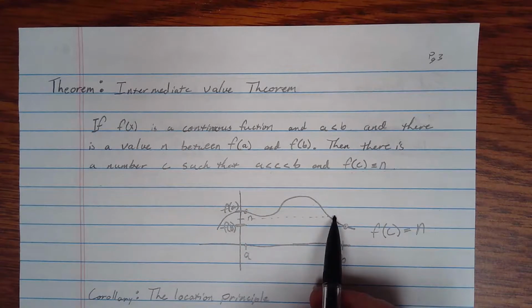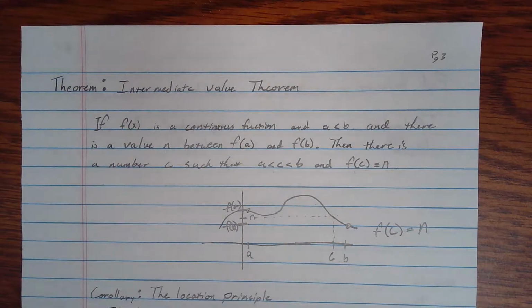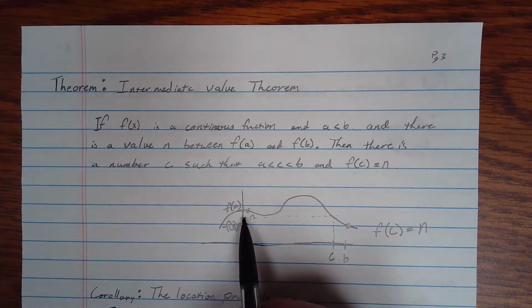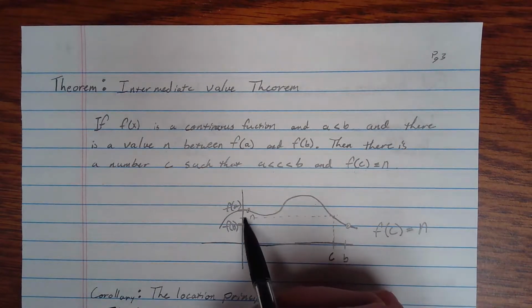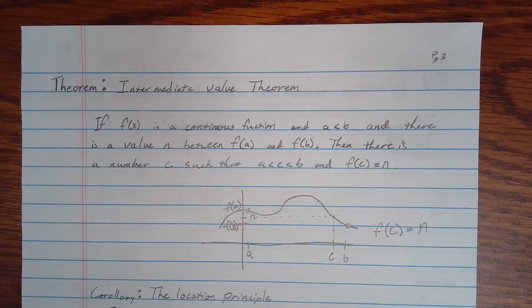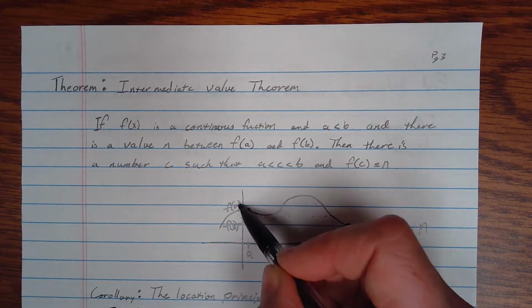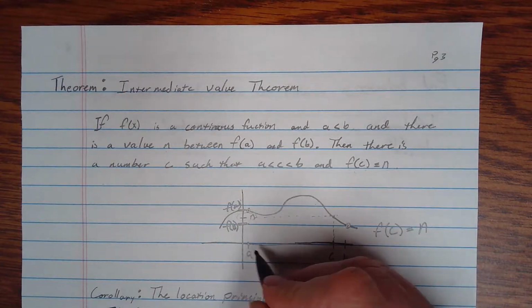It doesn't mean that there's only one, but there is at least one value there. There is at least one C that will give me f of C equal to n. This means you have to look at a number between the function values, and that will give you an x between your x values.